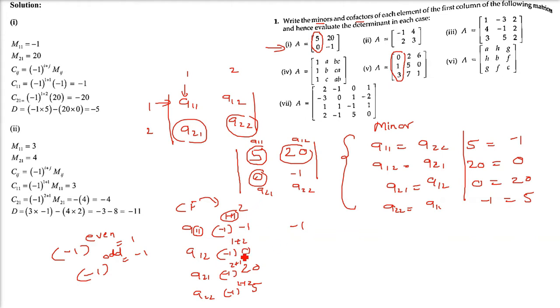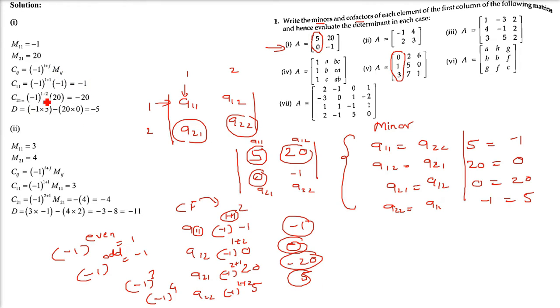In case of -1 to the power 1 plus 2, you get -1 to the power 3, which is negative, so -0 is 0. Now -1 to the power 2 plus 1 is -1 to the power 3, so it will be -20. Finally, -1 to the power 4 is 1, and 1 into 5 is 5. So these are the cofactors.